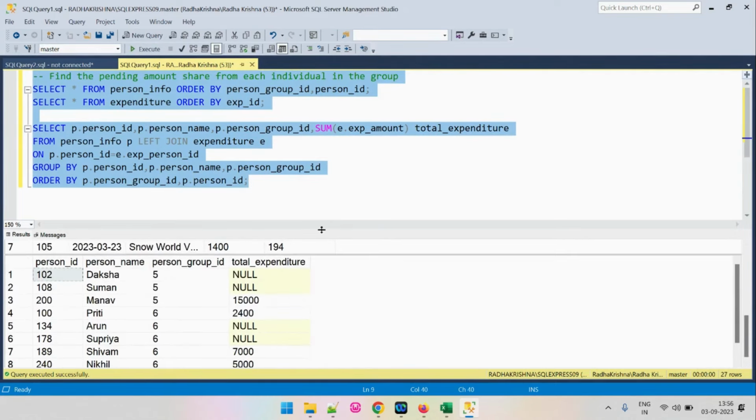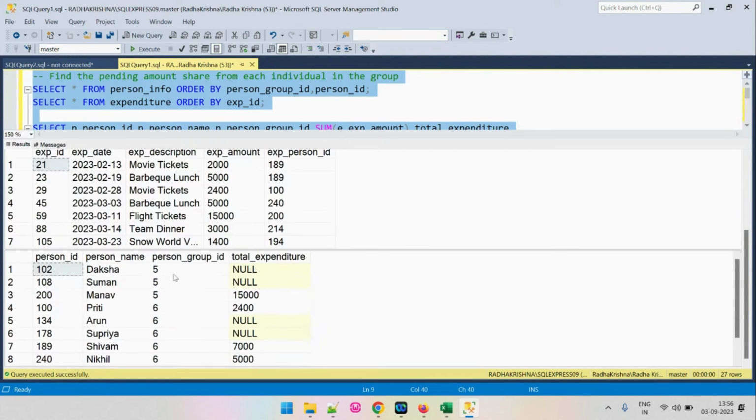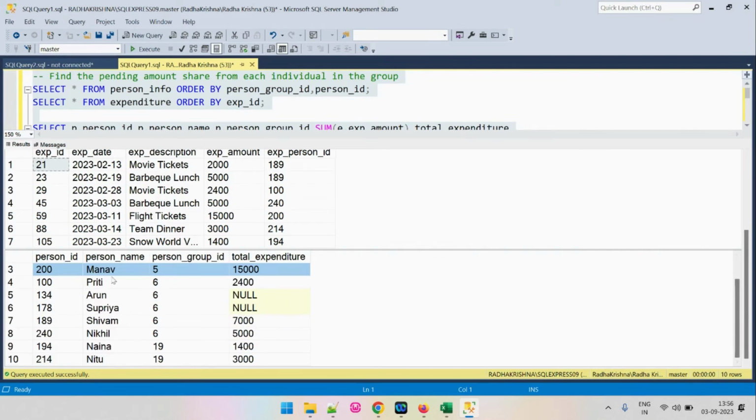So this is the output that we have got. As we see, for example, in group ID 5, there are three individuals. The first two have not done any expenditure, and the third person, Manav, has done expenditure of 15,000. Similarly, in group ID 6, there are five people.